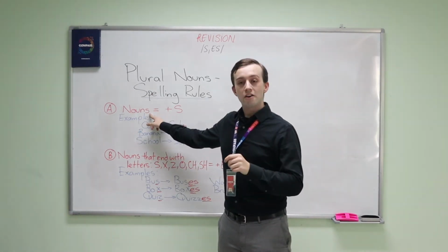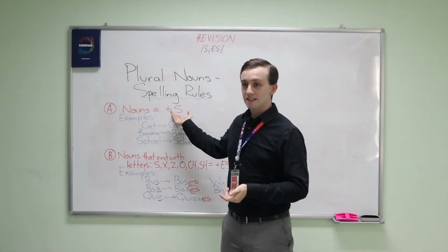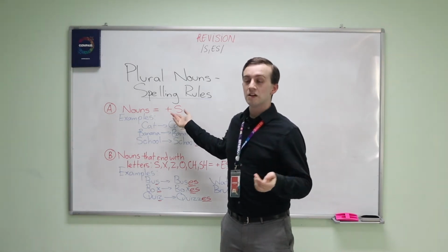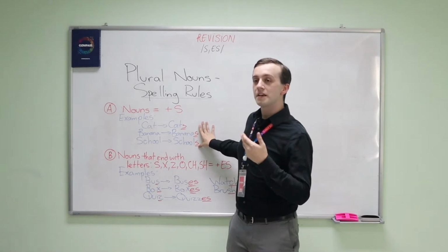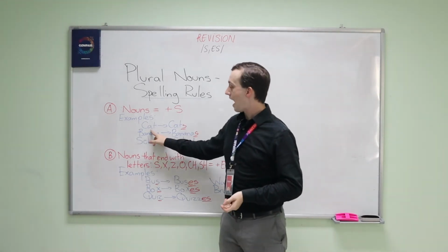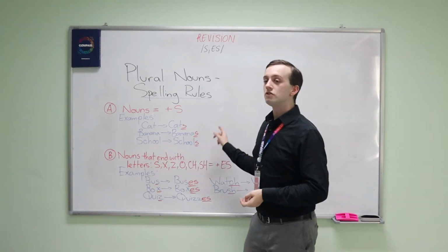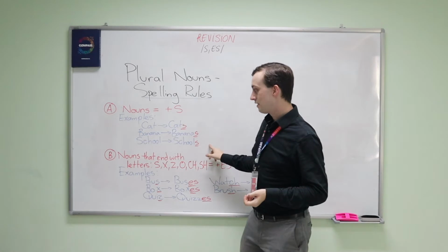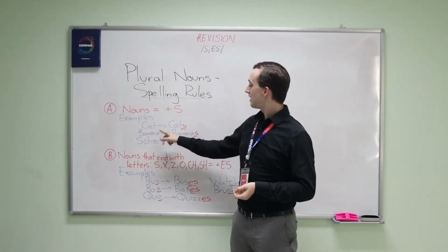usually with nouns, to make them plural, we add S. This is with most nouns. We usually do this. Here are some examples with cat, banana, and school. To make these words plural, we add S. So cat becomes cats.